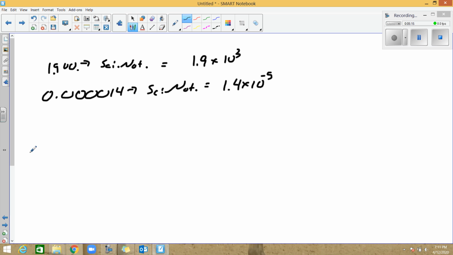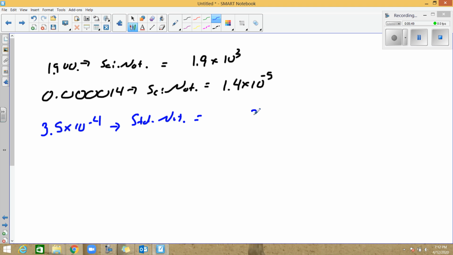Now, let's go to another one. I'm going to go from scientific notation. So let's go 3.5 times 10 to the negative 4. I want to change this into standard notation, or how we typically end up writing numbers. We have to understand that the negative is going to make it go to the left because we're dividing. That number's getting smaller.